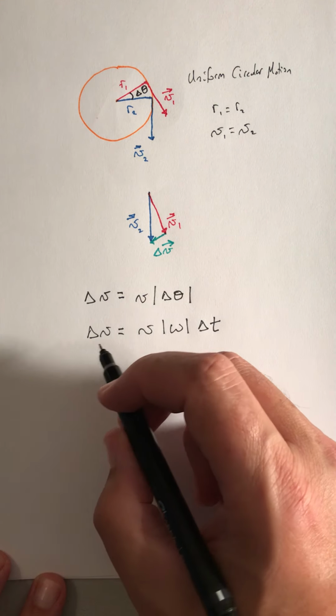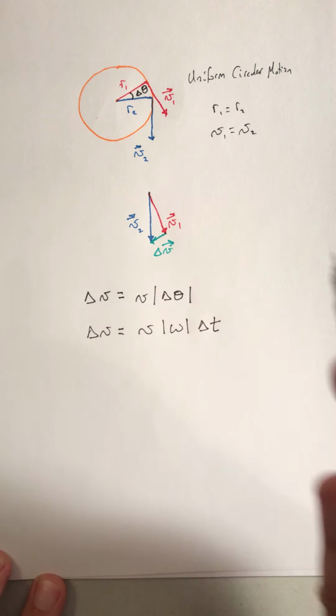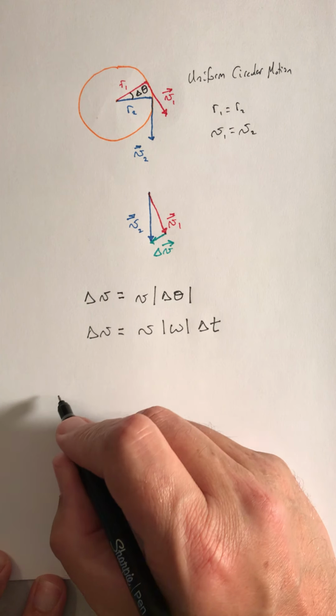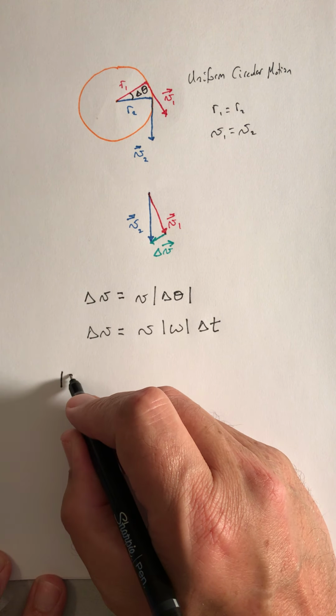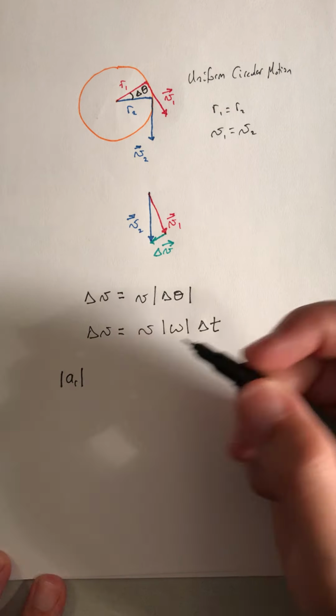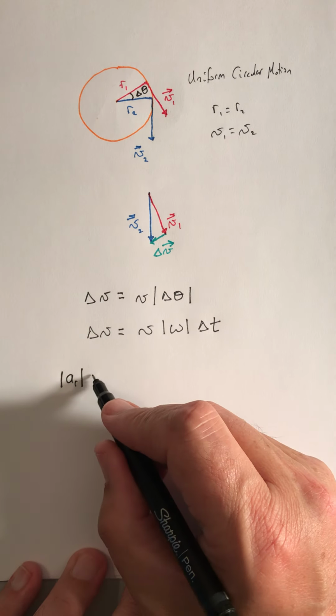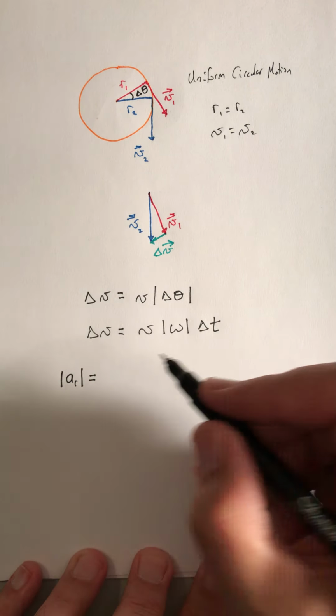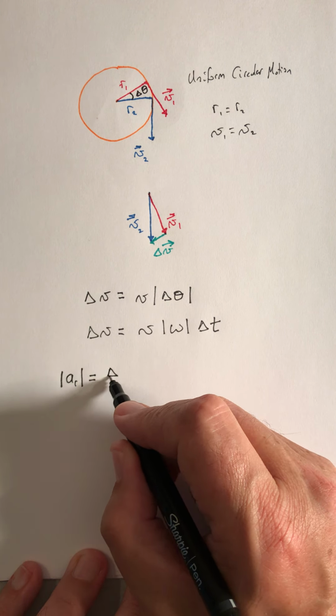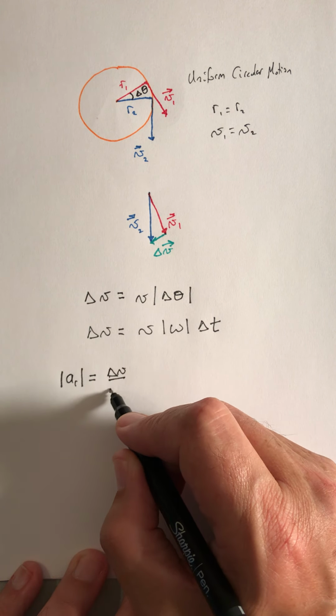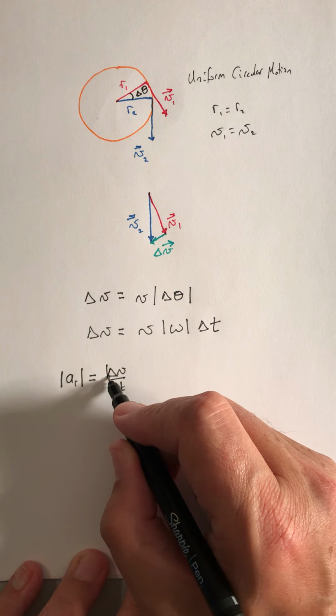So just looking at the magnitude of things, not worrying about signs, whenever there's uniform circular motion, you have a radial acceleration that is delta v over delta t.